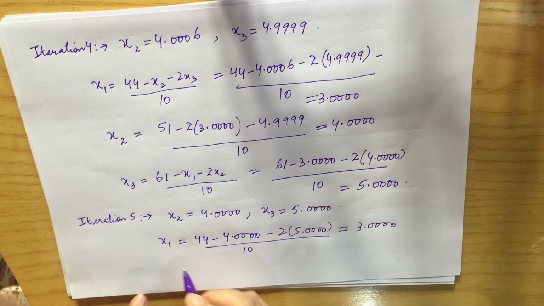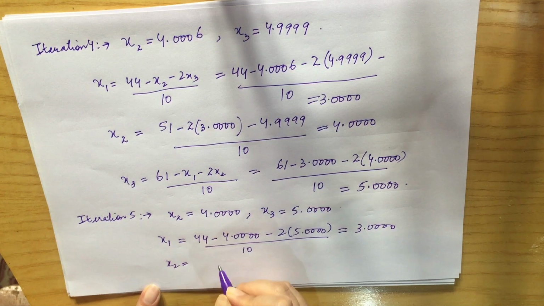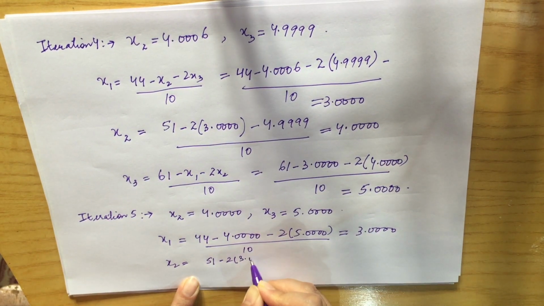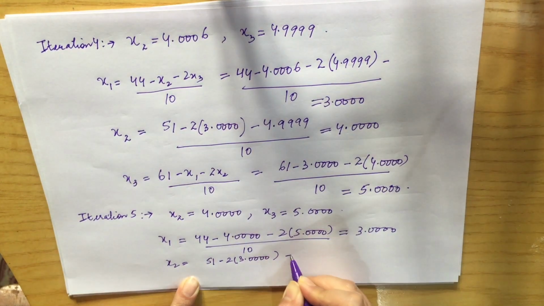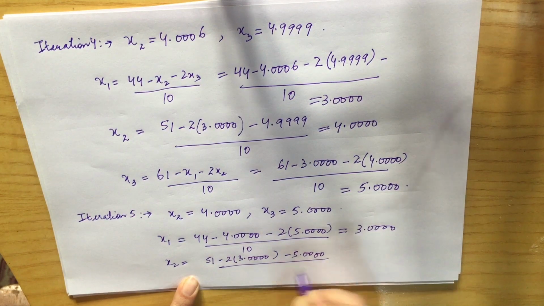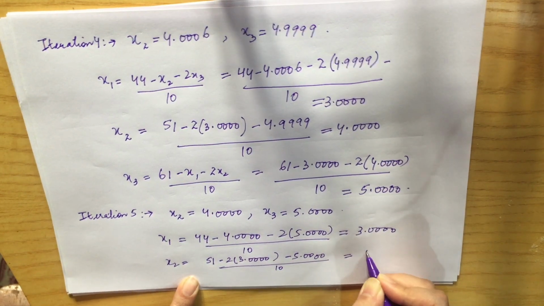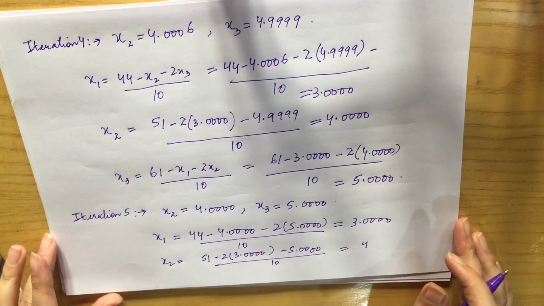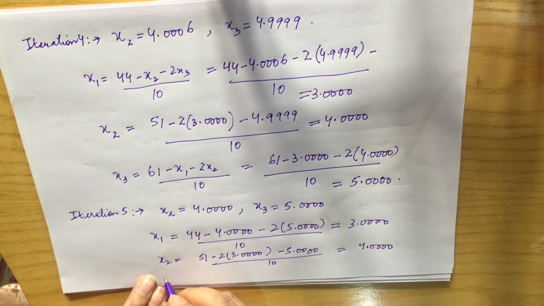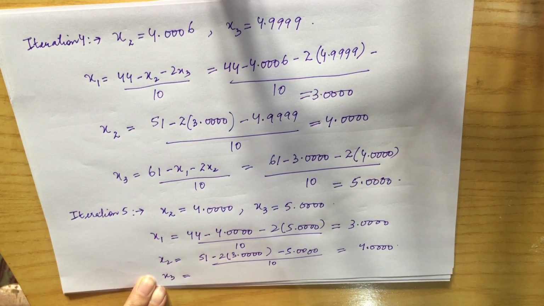3.0000. Similarly, we will calculate the value of x2. It will be equal to (51 minus 2 multiplied by 3.0000 minus 5.0000) whole divided by 10. If you calculate it, it will come as 4.0000. Similarly, we will calculate the value of x3 in the same way.